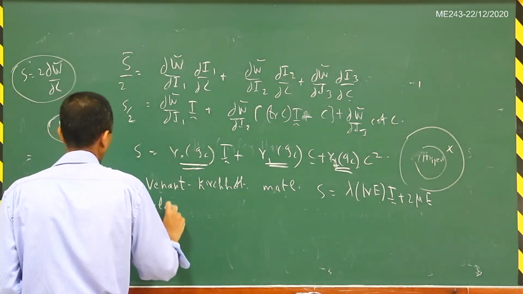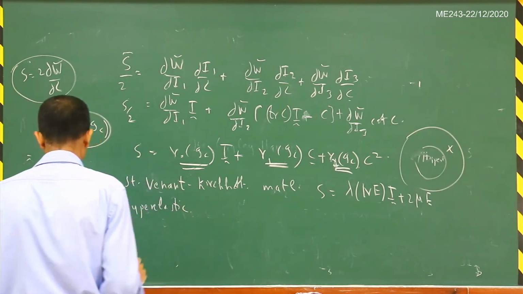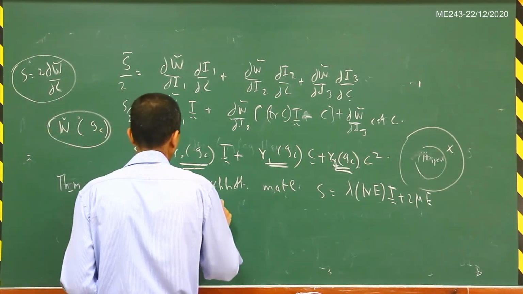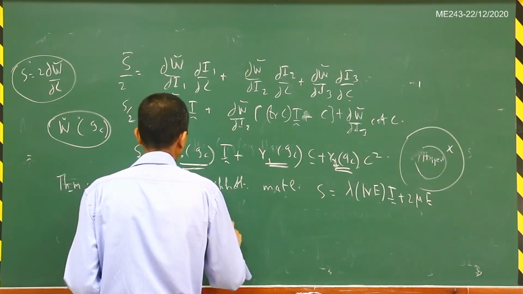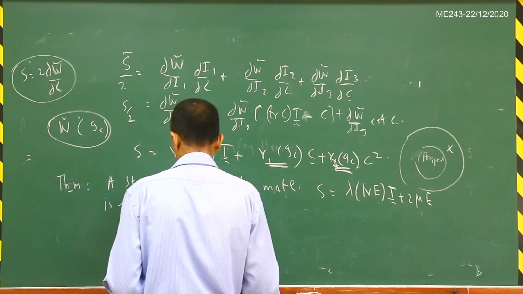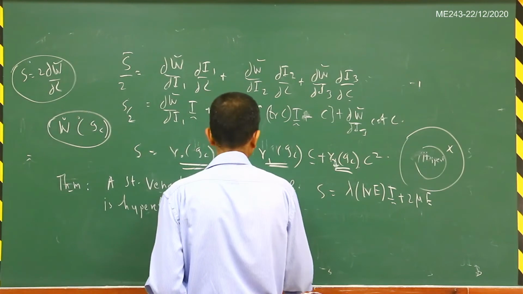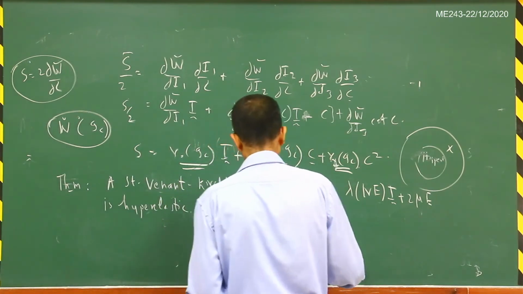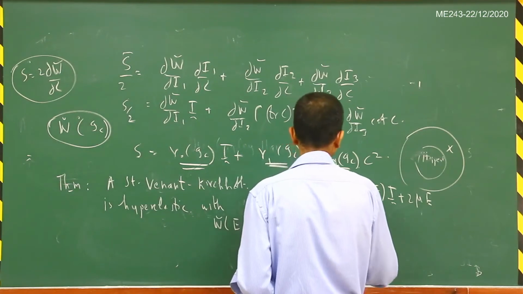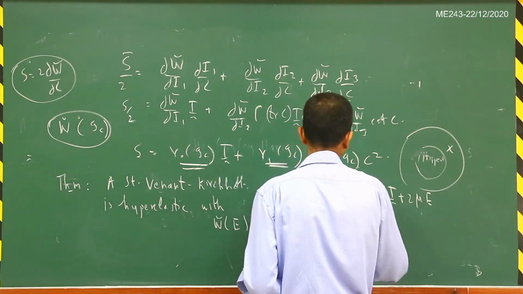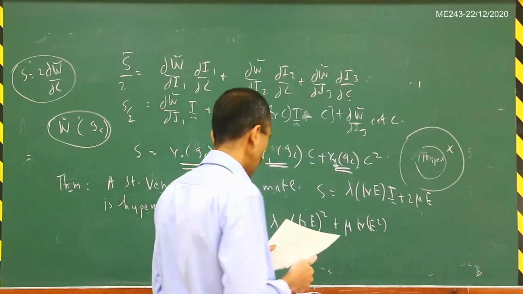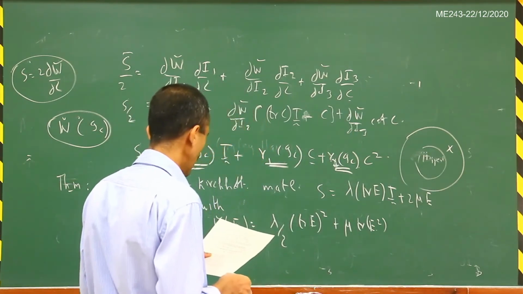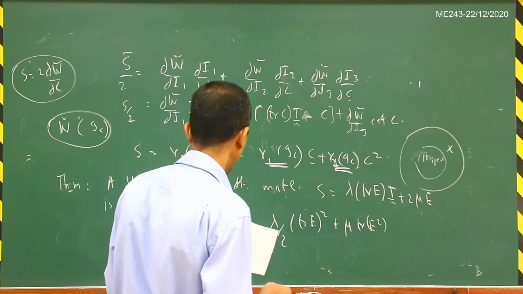Hyperelastic with W of E equal to lambda by 2 times trace of E squared plus mu times trace of E squared. One can show this very easily, and you can also express this in another form.